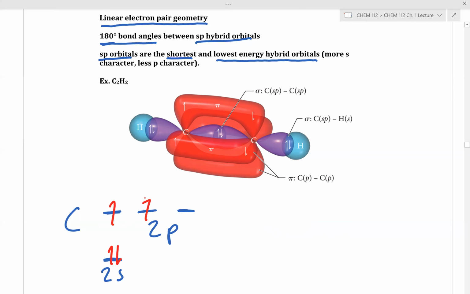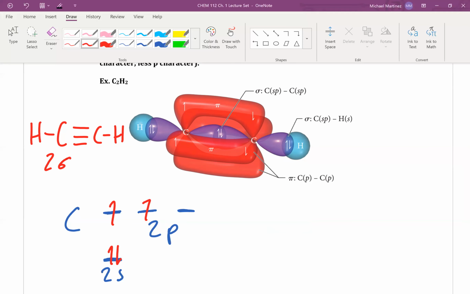So in C2H2, which looks a little bit like this, our carbon atom needs to form how many single bonds? How many single bonds are surrounding this carbon atom? 2. 2 single bonds. So how many half-filled hybrid orbitals do I need? 2. Okay.